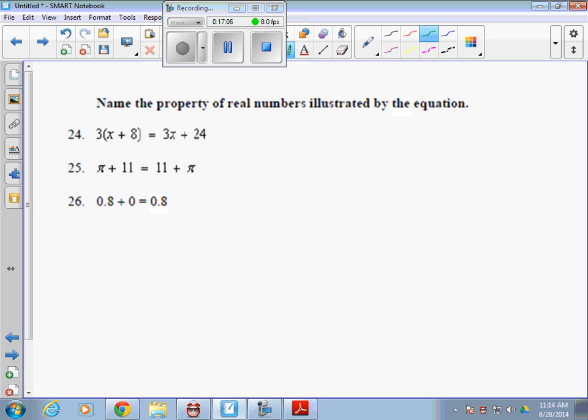24, name these properties. 3 times x plus 8 becomes 3x plus 24. Distributive property. All you did was distribute that. Pi plus 11 becomes 11 plus pi. They just change positions, or they move, or they commute.